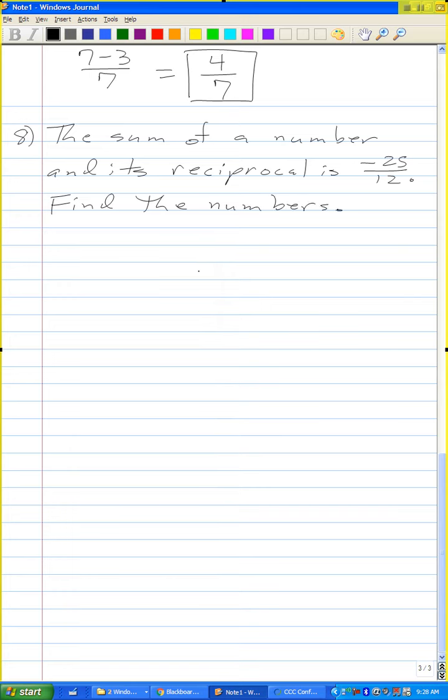Okay, so let x be the number. The sum of a number and its reciprocal, 1 over x, is negative 25 over 12. Let me multiply both sides of my equation by 12x. And so I get 12x squared, plus the x's cancel, plus 12 equals, the 12's cancel, negative 25x.